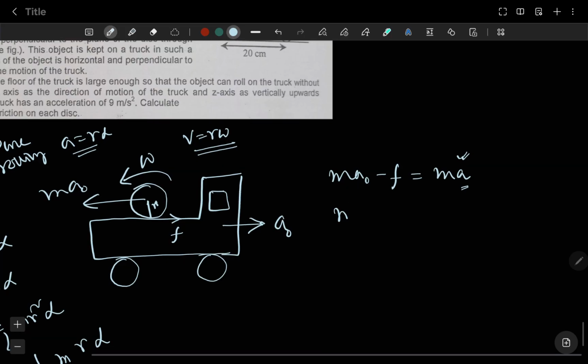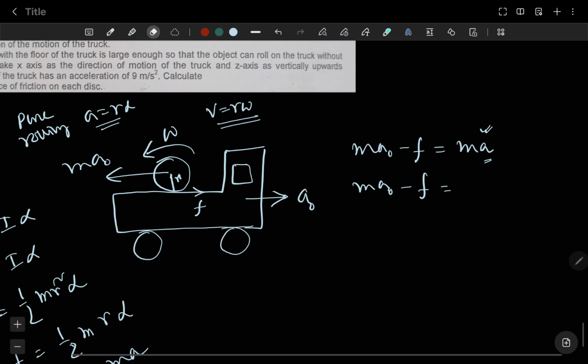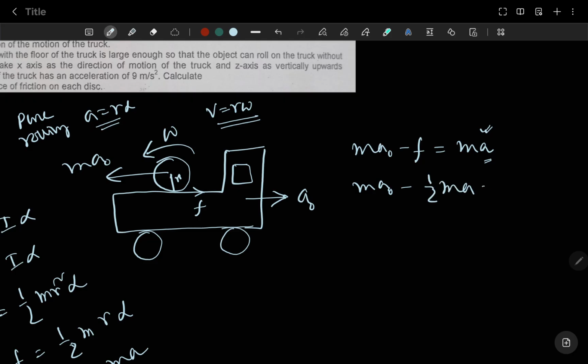We will get ma0 minus f is half ma equals ma. So ma0 is 3 by 2 ma.